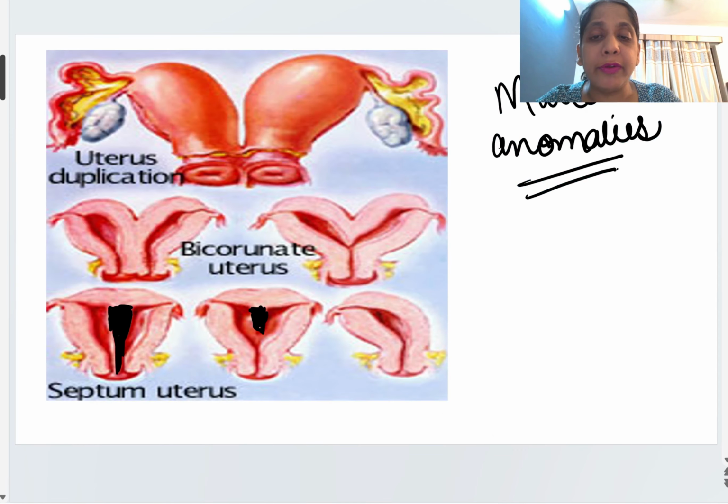Here we will see, this is the bicornuate uterus. Are you appreciating it? Here you see this diagram, you see there is one cervix, right? Don't focus on this, focus on this. There is one cervix.